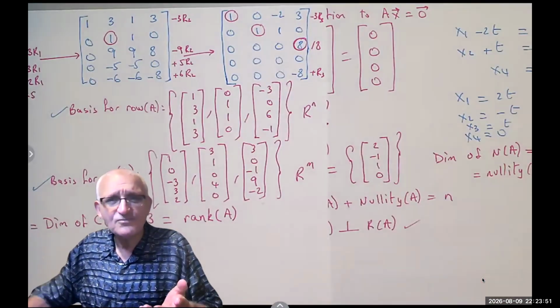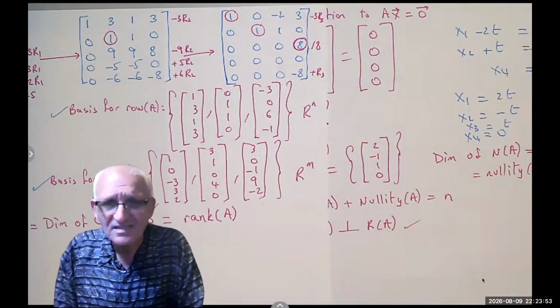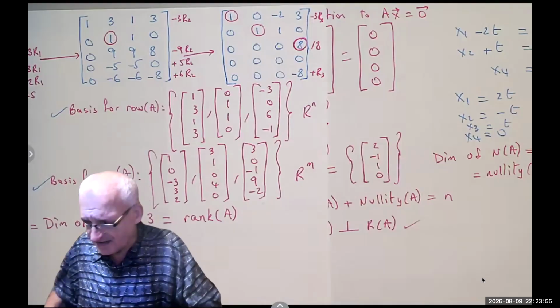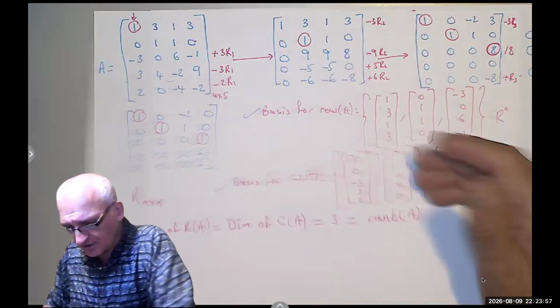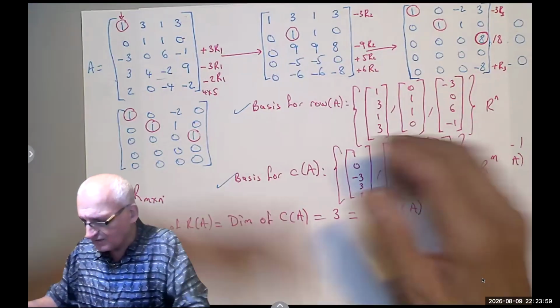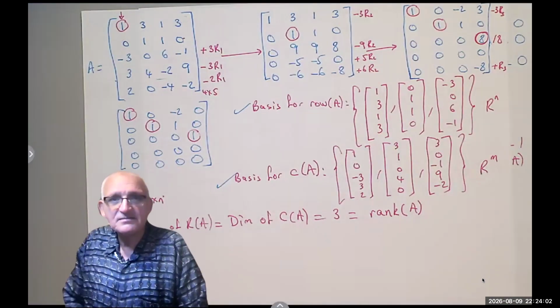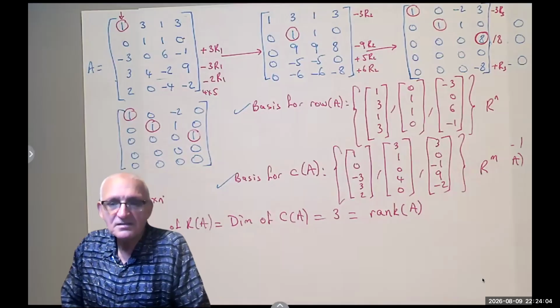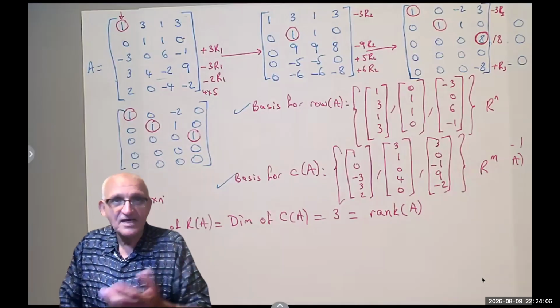Wait a second, we said we are going to look at 4 subspaces. What else is there in the matrix? You found rows, we found columns, we found null, nothing else. Yeah, there is nothing else. But you said there is something else.